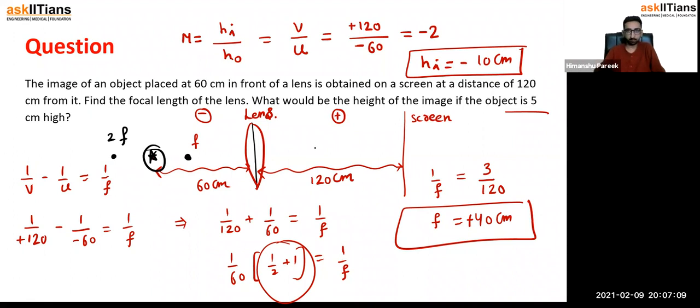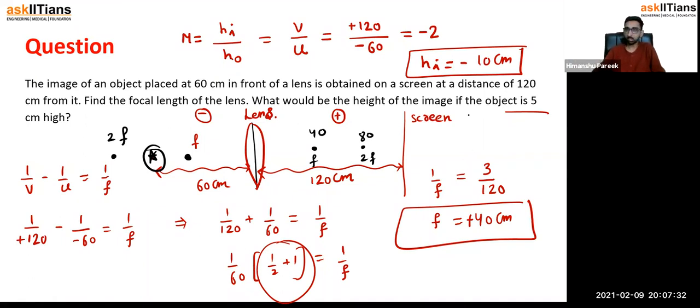So this is the F and this is the 2F at 80 centimeters. So yes, we are right. The image is being formed on the right hand side at a location 120 centimeters. Okay, so I hope I'm clear now. And what about the image? It is enlarged. Yes, it should be enlarged. And it is inverted. Yes, it is inverted.